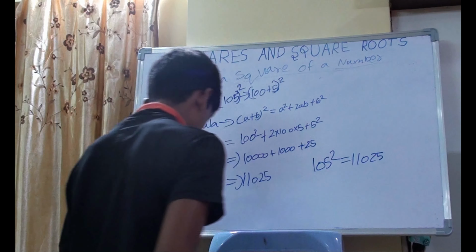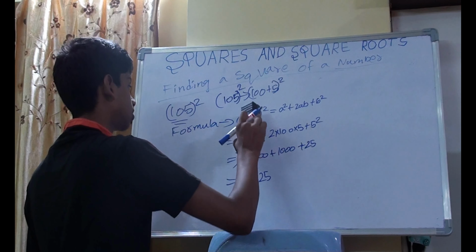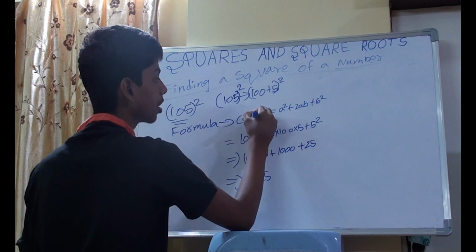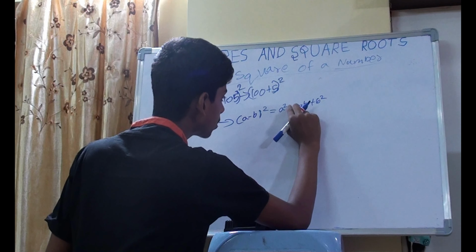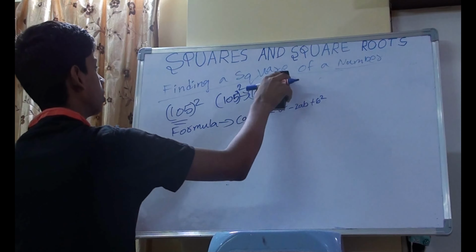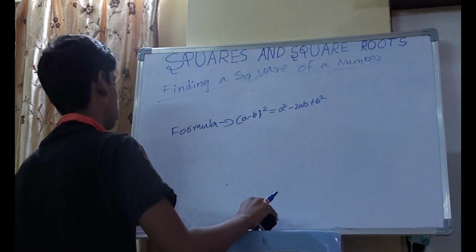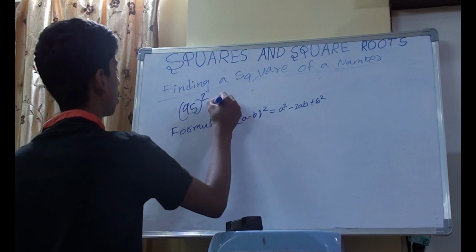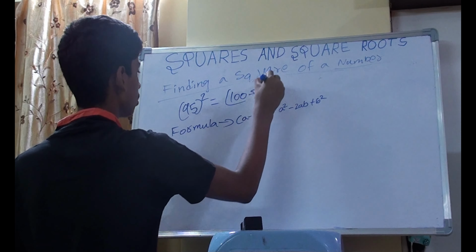Now let's look into another formula. Instead of plus over here, we take it as minus: (a - b) whole square, and instead of plus 2ab we take it as minus 2ab. Now let's take another number like 95. 95 whole square can be written as (100 - 5) whole square.